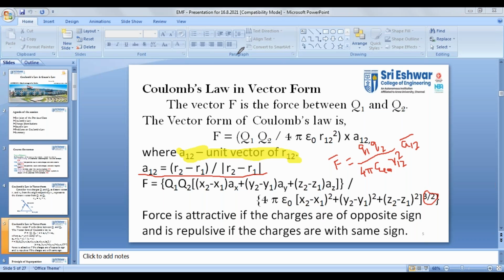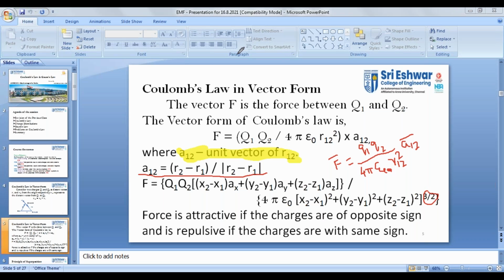Square root of x2 minus x1 the whole square plus y2 minus y1 the whole square plus z2 minus z1 the whole square. But here R12 square is there, so that square root with this square will get cancelled. So what is left is x2 minus x1 the whole square plus y2 minus y1 the whole square plus z2 minus z1 the whole square.